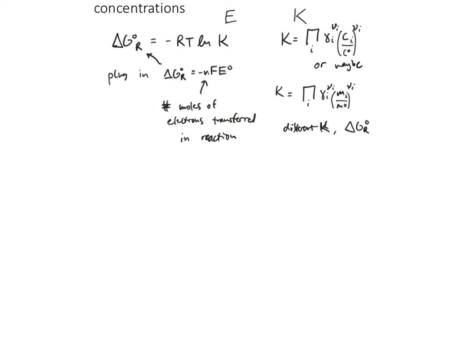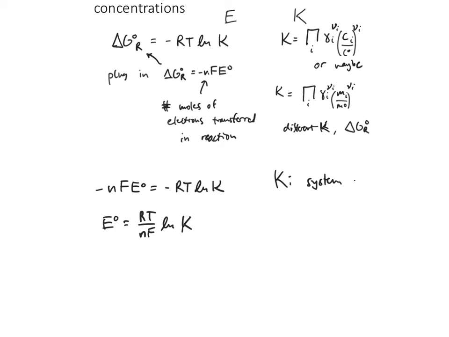Okay, so just putting that right in there, what we get is that negative F E naught is equal to negative RT log K. And then we just algebraically rearrange this a little bit, and we get that E naught equals RT over NF log K. So remember that K is in reference to a system at equilibrium.